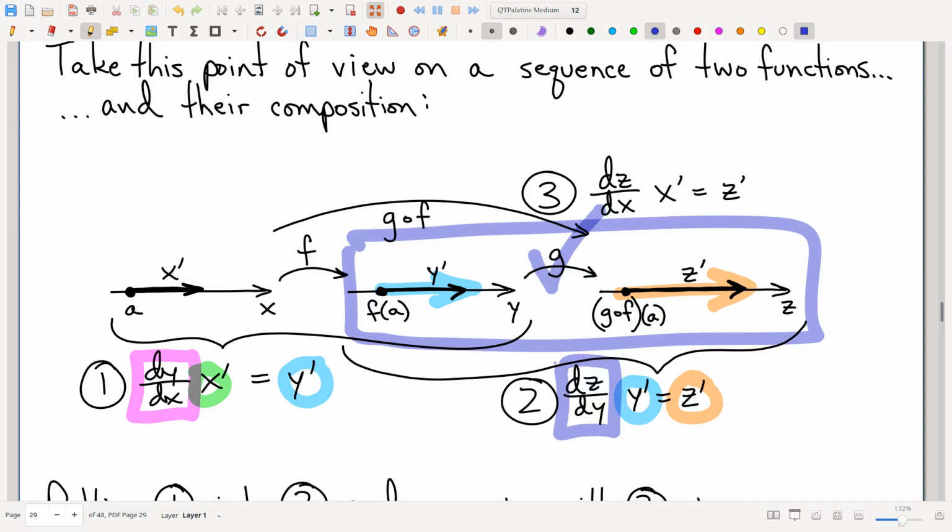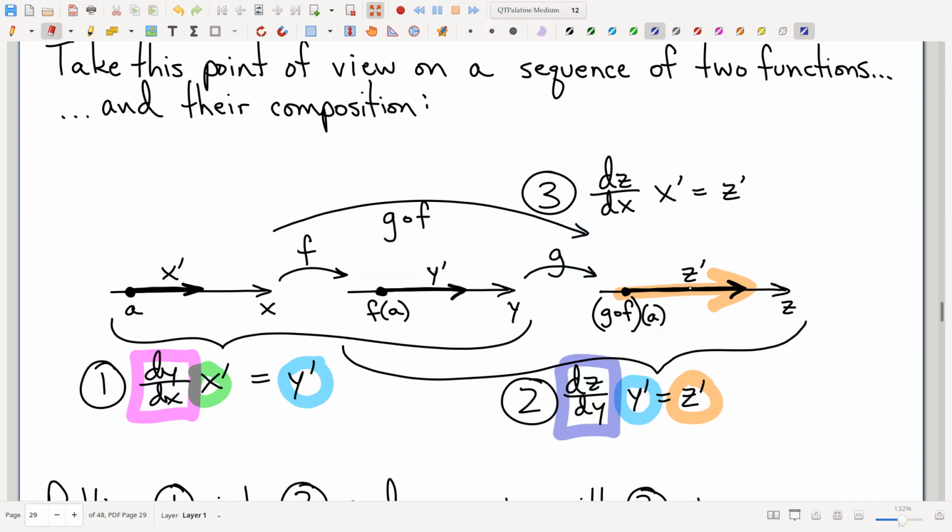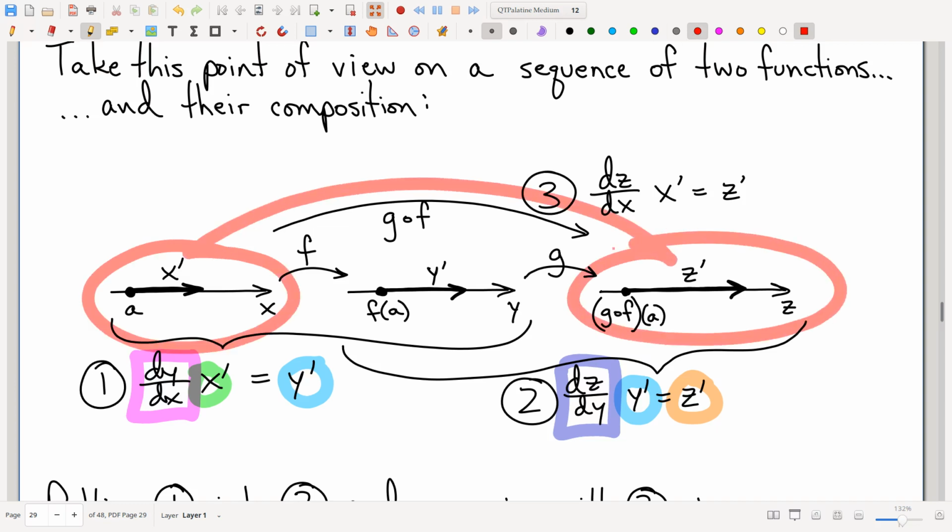All right, and now there's a third function in this picture. The third function is the composition. After all, what comes out of f is what goes into g. So I can think of the composition as a function. X is the input, z is the output, and that input velocity x prime gives rise to an output velocity z prime.